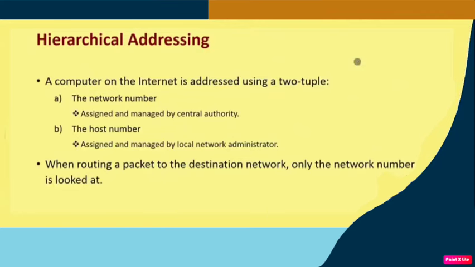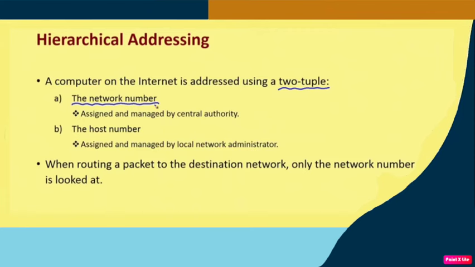Now, this hierarchical addressing I have already talked about, that the way we address a computer is in two parts, address of the network and address of the host. So, here I am just repeating it again. Every host or computer that is connected to the internet is identified by two things, a two tuple. First one I mentioned already, the network number. Network number has to be unique.